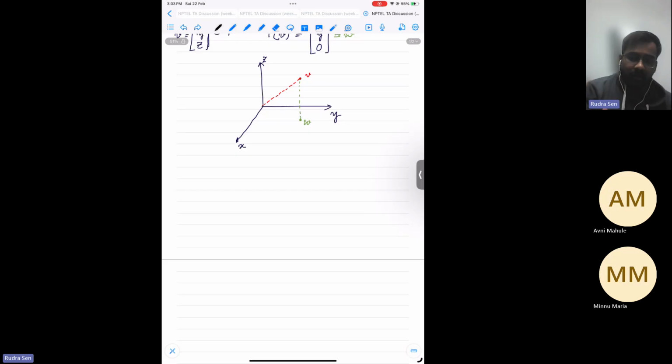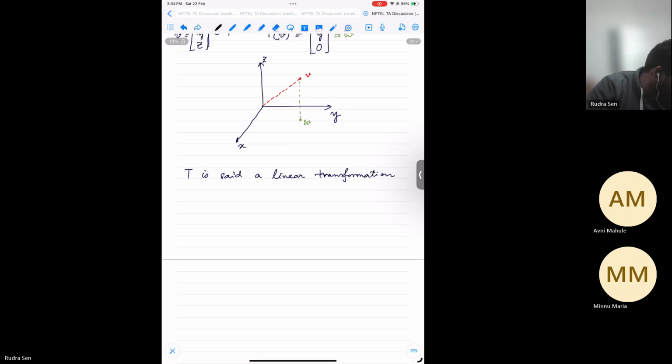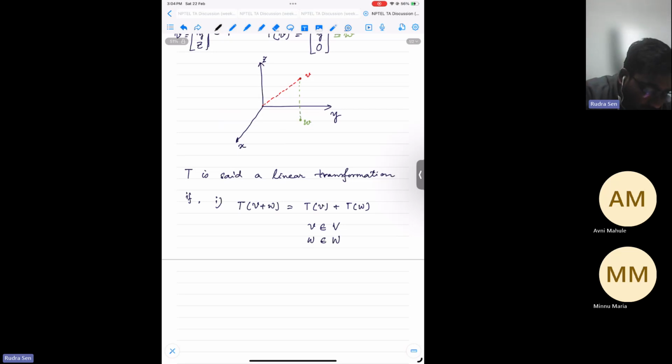There are a few rules of linear transformation. If T is said to be a linear transformation, the first thing is T of V plus W is equal to T of V plus T of W, where small v belongs to capital V and small w belongs to capital W. What does it mean?